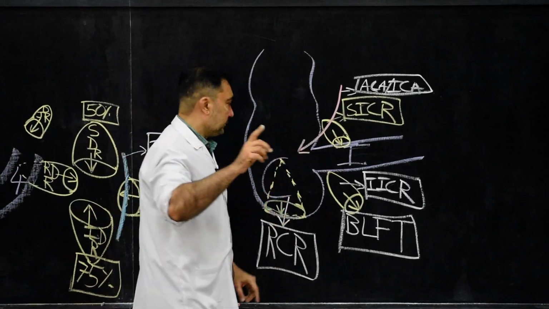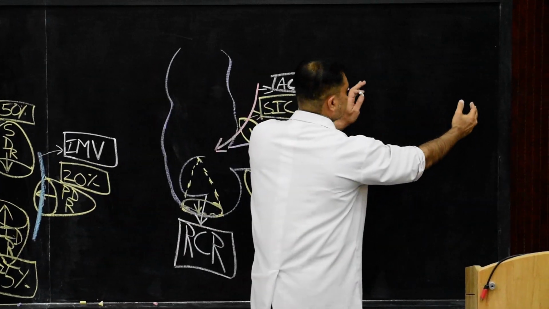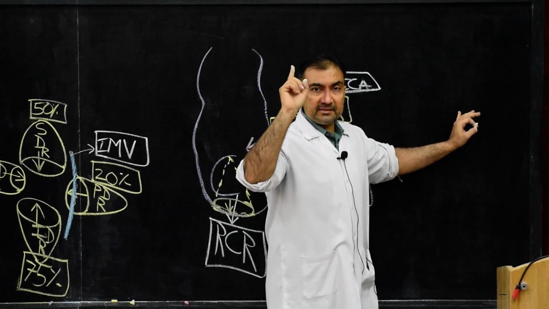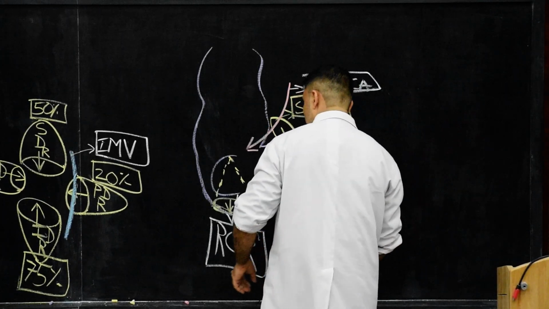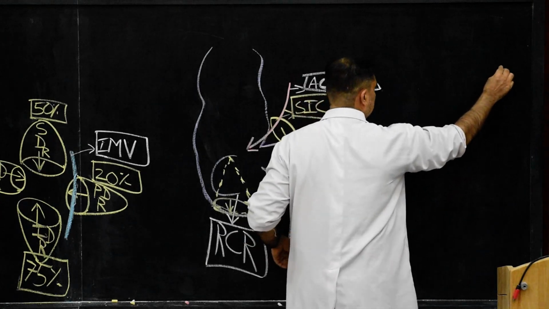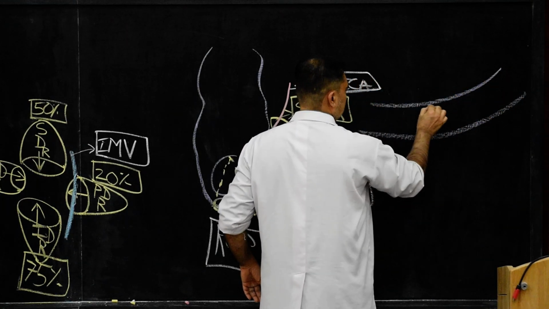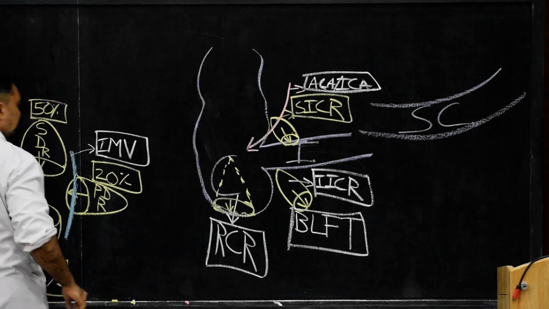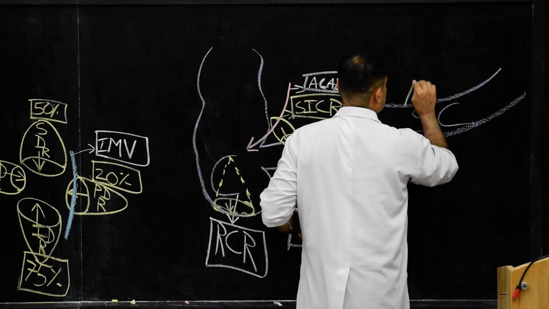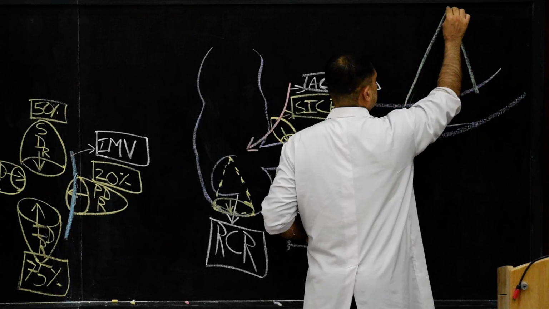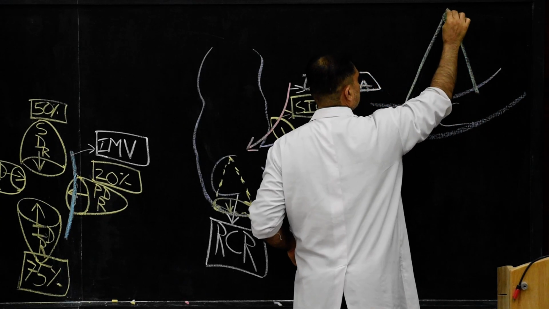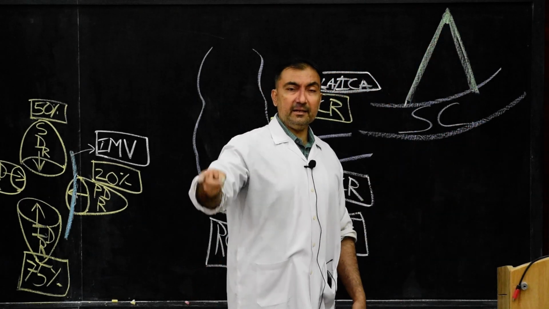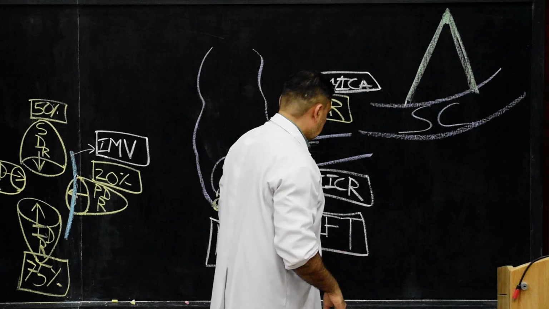Now please come on this side, here we have space. We come to the last recess, the intersigmoid recess. If I show the sigmoid colon and then the mesocolon, we know that the sigmoid mesocolon has an apex, which is located at the left ureter.